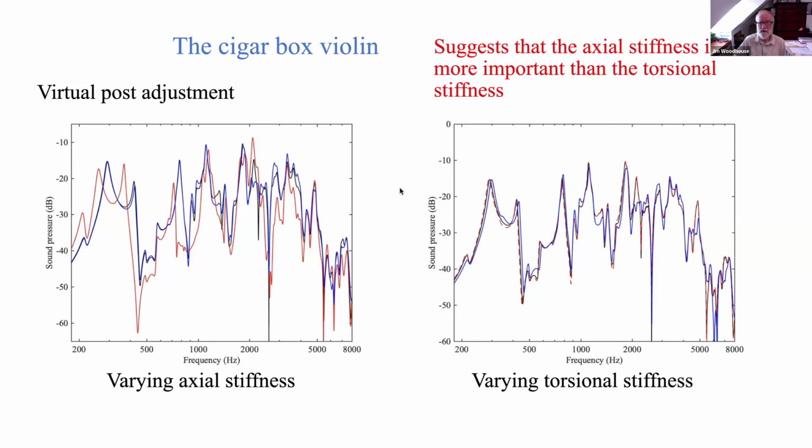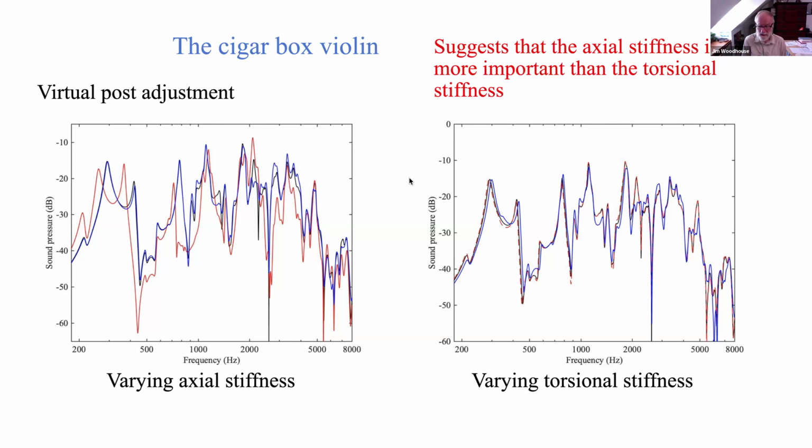So this strongly suggests that the axial stiffness is far more important than the torsional stiffness. I was surprised when I first found that out, because the most obvious physical effect that might be affected by post fit and tightness is precisely this torsional stiffness.